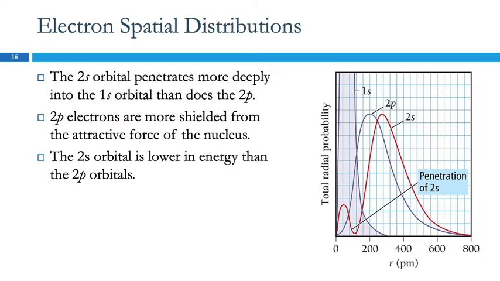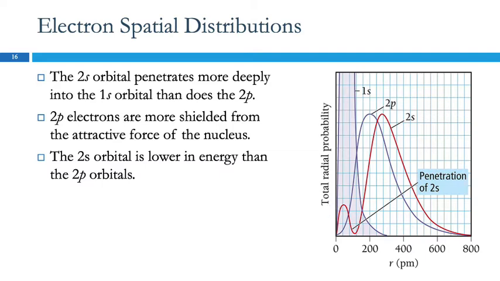So how does that penetration occur? So here we have those radial distribution functions. So here's the 1s orbital. It's off the chart, but it goes way up and down. And so this shaded region here is where the electrons in the 1s orbital are. The 2s orbital has a bit of a node here, and then it has a bunch over here, right? And so this is said to be penetrating into the 1s orbital.